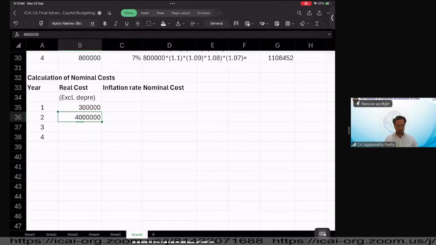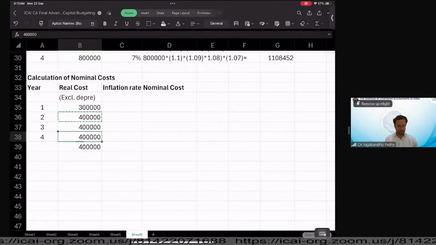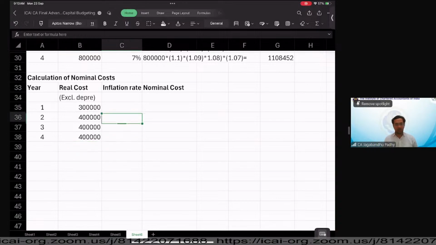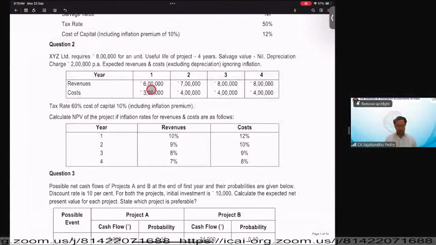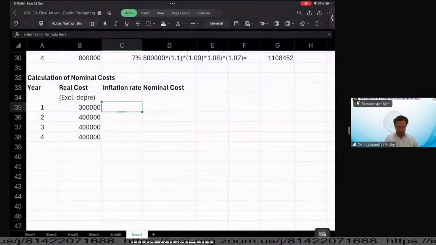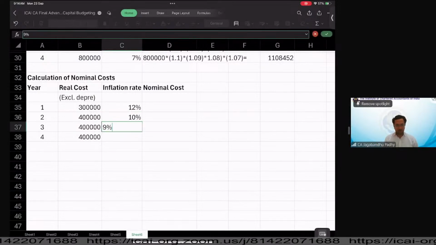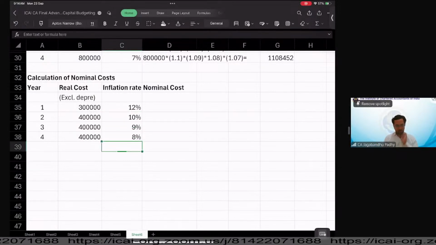Inflation rates that we have in year 1, 2, 3, 4, as far as cost is concerned, are 12, 10, 9, 8. Inflation rate is 12%, 10%, 9%, and 8%.